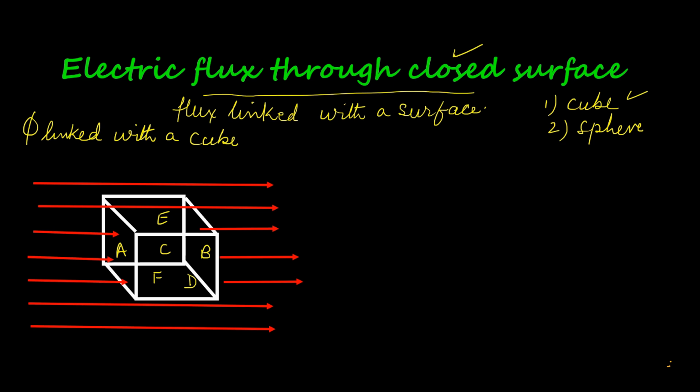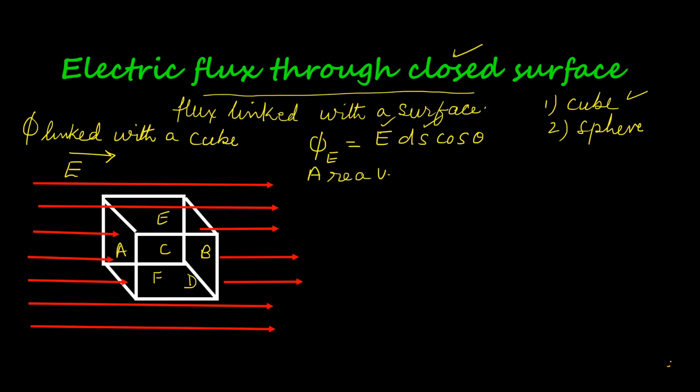The direction of the electric field is only along the x-axis. Electric flux is equal to E ds cos theta. You may click the I button in order to watch the derivation of this formula. Theta is the angle between the direction of electric field and the area vector.